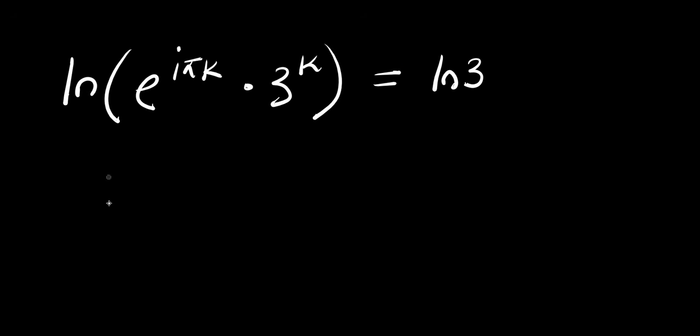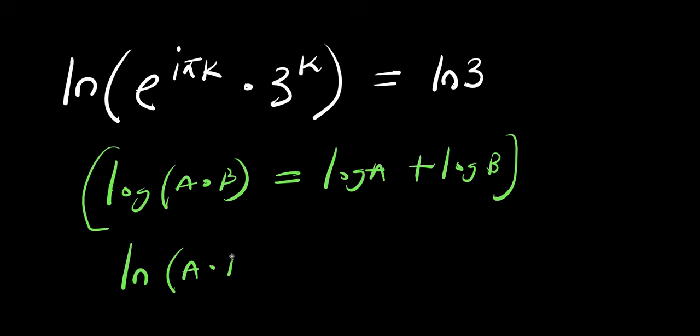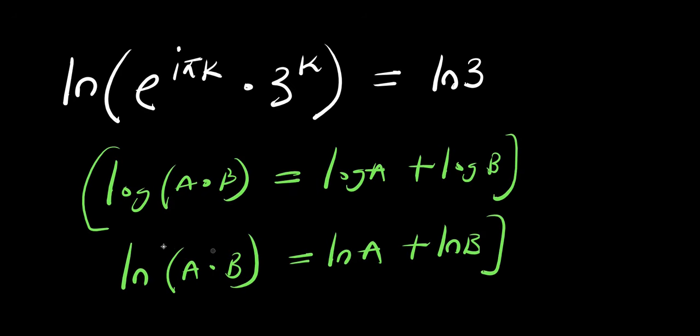So right now, if you have log of a times b, this equals log a plus log b, meaning that if you have natural log of a times b, this equals natural log of a plus natural log of b. So we apply this right here.